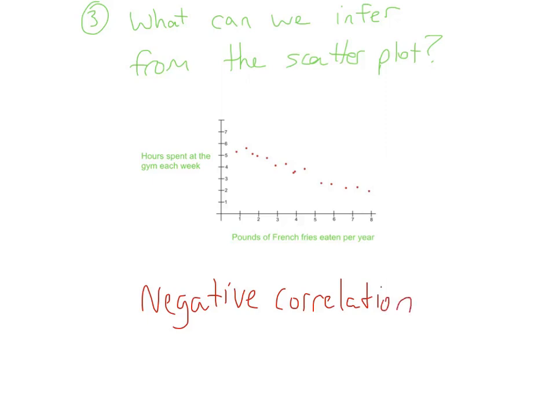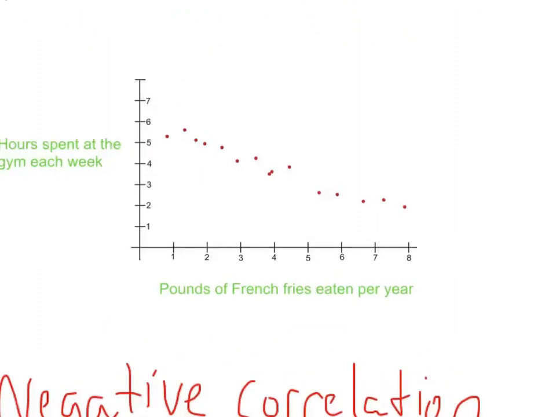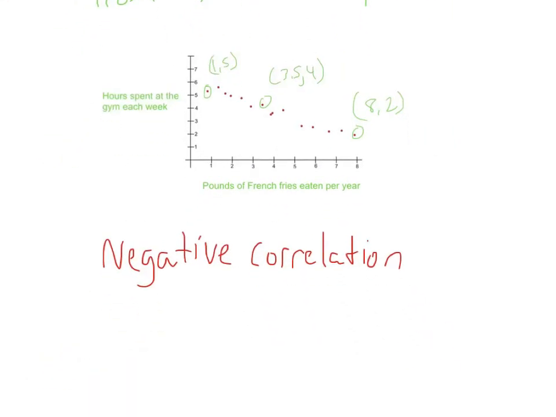It means that if we look at all these dots, as the x-coordinates get larger, like this point here, approximately 1, 5, this point here, 3.5 and 4, and this point right there, approximately 8, 2, going from 1 to 3.5 to 8, what happens to their y-coordinates? Well, they're dropping from 5 to 4 to 2 for the most part. So that's what we call negative correlation.